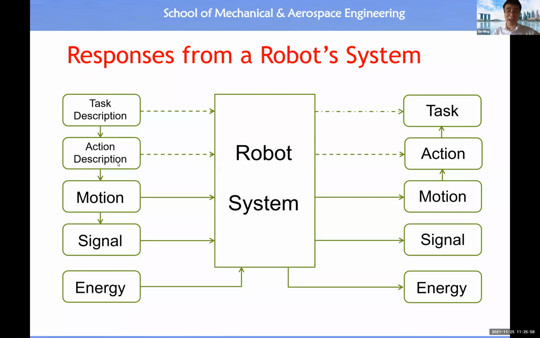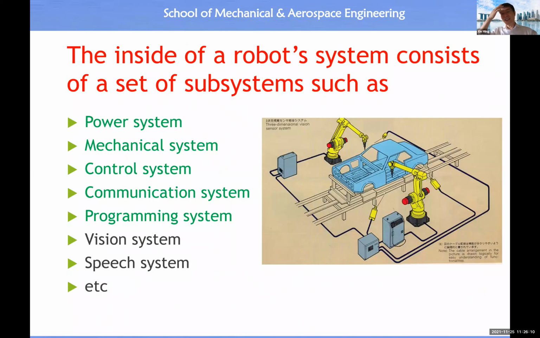Without the motion, there is no action. Without the action, there is no task. Without the task, the robot cannot perform any job. Then the input side is empty, and the output side will be empty. So energy is a necessary input inside a robot system. Therefore, we must have a power supply system. This is a necessary one.